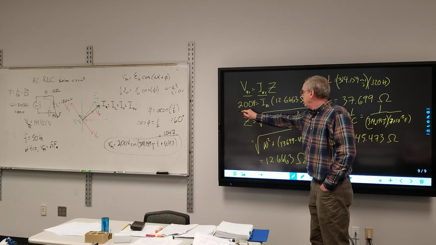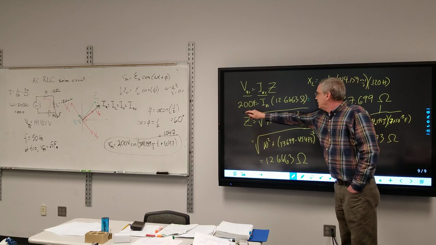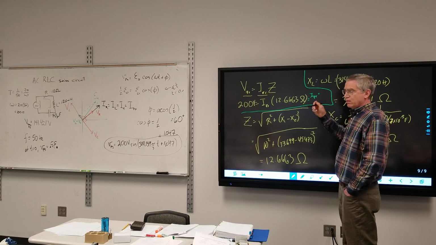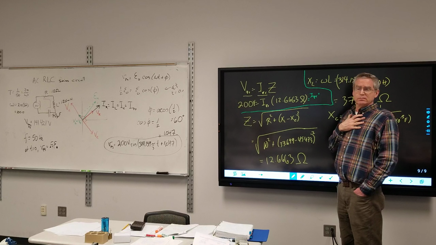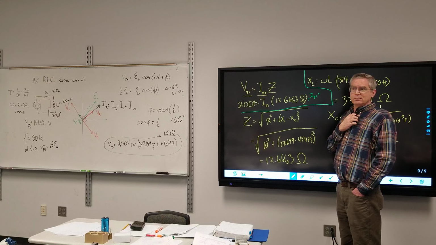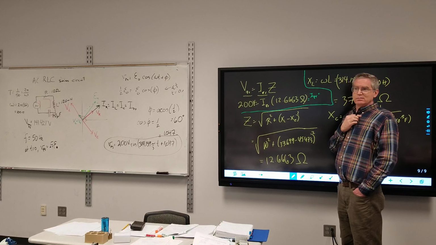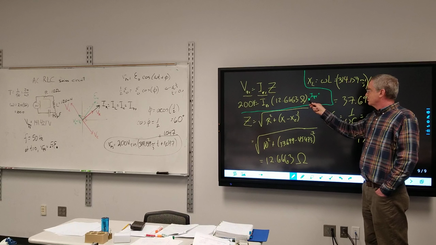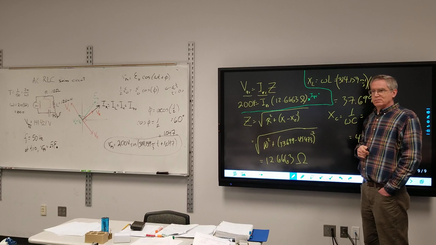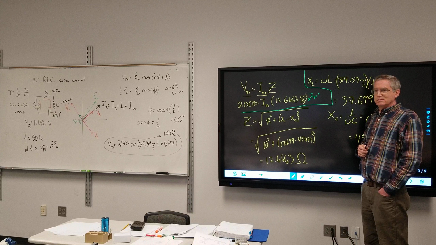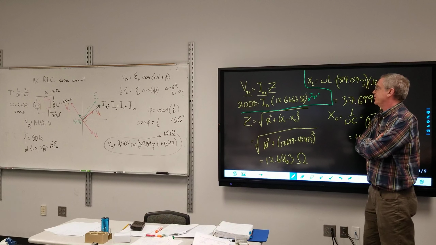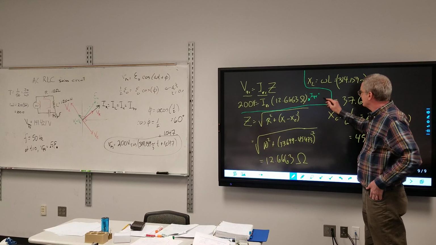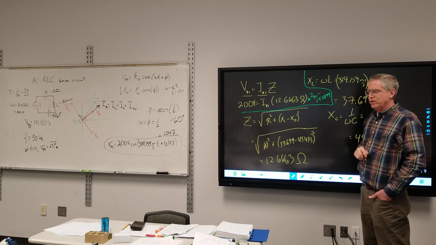And so we end up with the maximum current, the amplitude of my current phasor, is going to be somewhere around 16-ish. 15.7899 amperes.